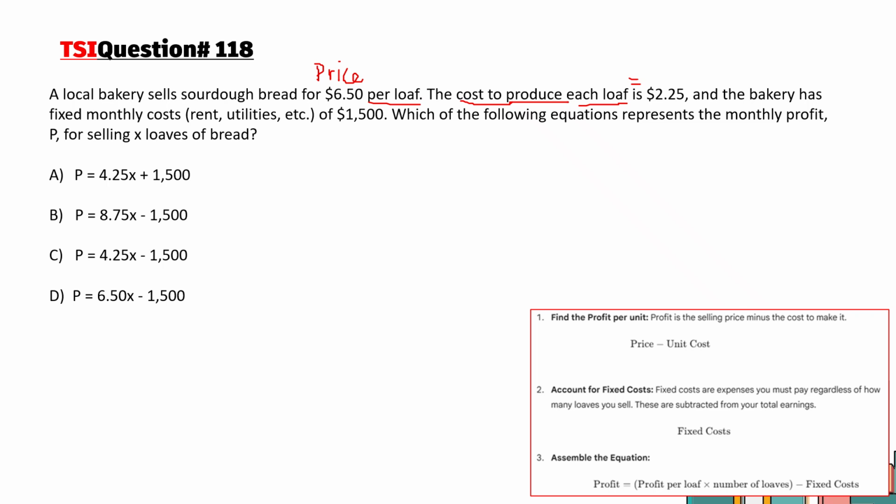So the difference between that, you will have the price 6.5 minus 2.25. That will be equal to 4.25. So you will earn 4.25 for each sourdough bread sold.